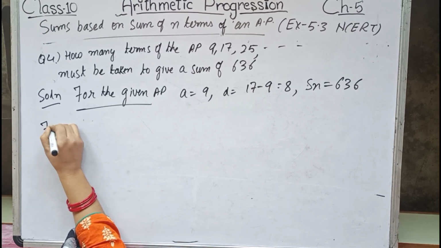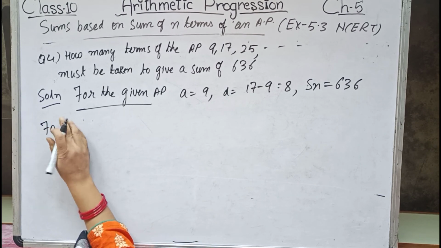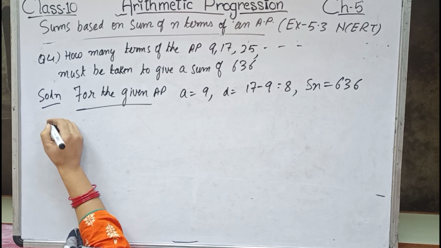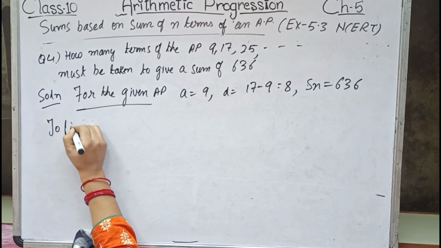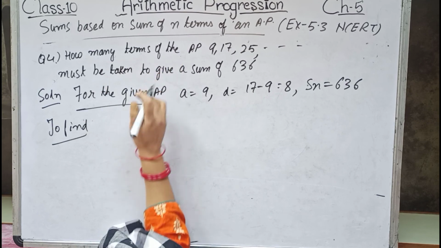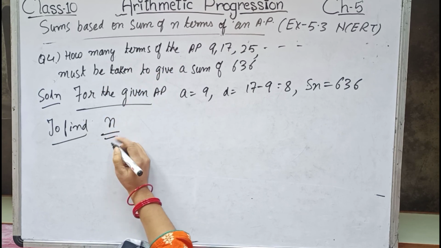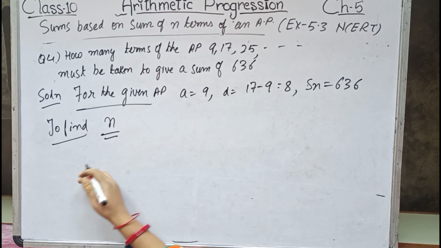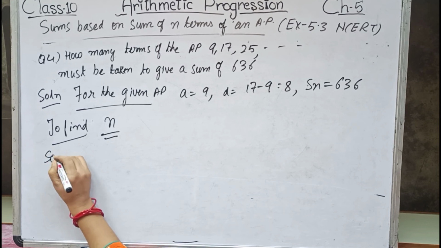So what we have to find? To find how many terms, so we have to find n. How many terms means we have to find the number of terms. So in the solution part we can start.